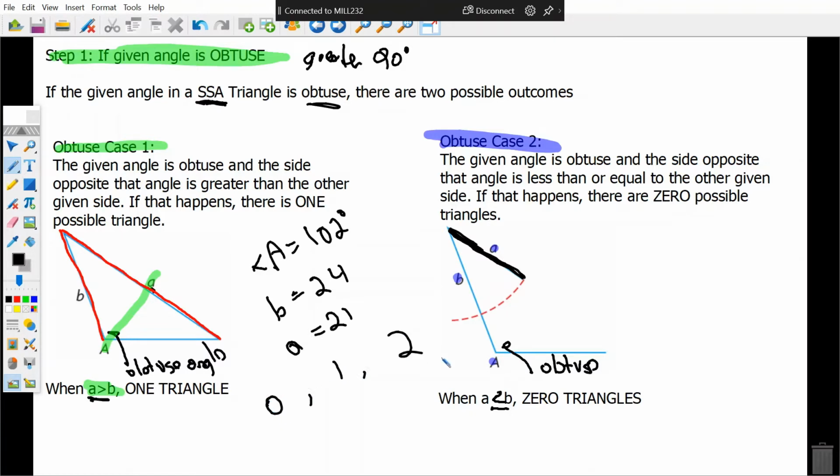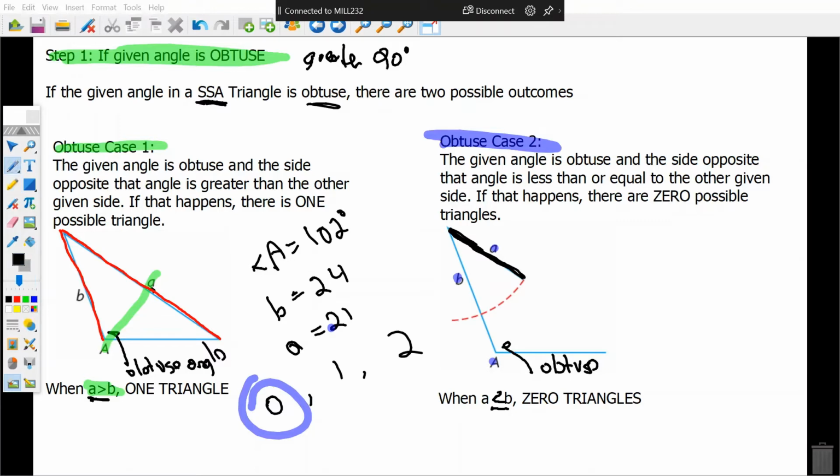It could be a multiple choice question. Then in your checklist in your head, you'd say, okay, the angle is obtuse, side length a, which is opposite angle A, is less than b, so that means there are 0 triangles.